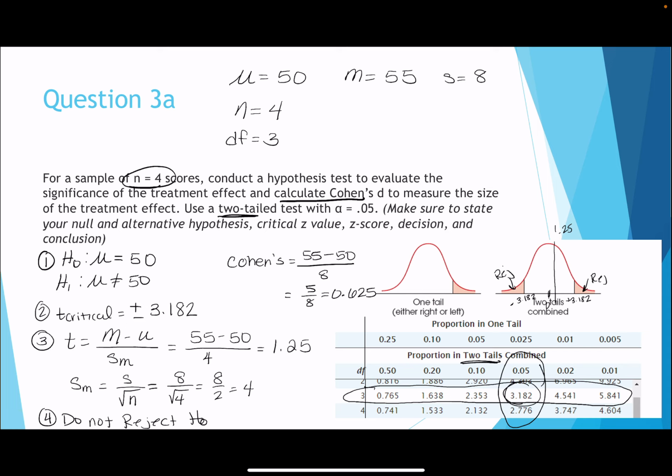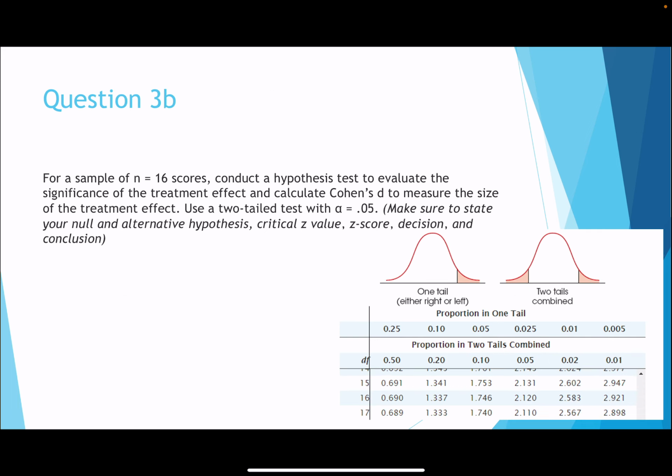Okay? Now, for the second part of this question, we're going to do the exact same thing, but this time we're going to use an N of 16. Everything else is going to stay the same. We still have the same population mean at 50, the same sample mean at 55, and our standard deviation is still 8.